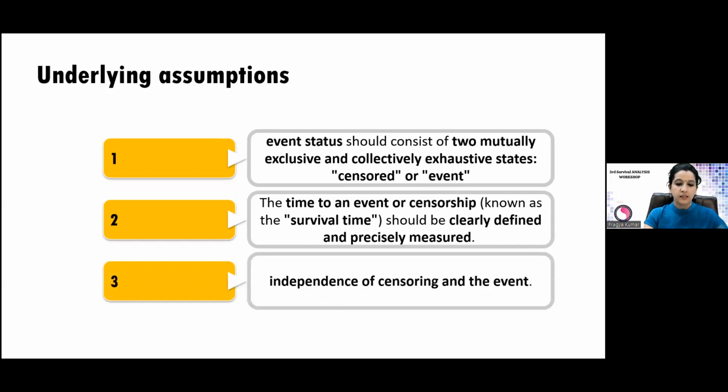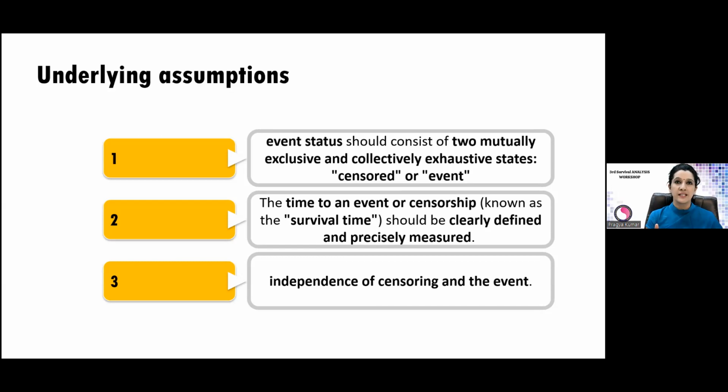And the third is that there should be independence of censoring and the event. That means for those people who were lost to follow up or who withdrew from the study, the reason for the censoring should not be the same as the event.